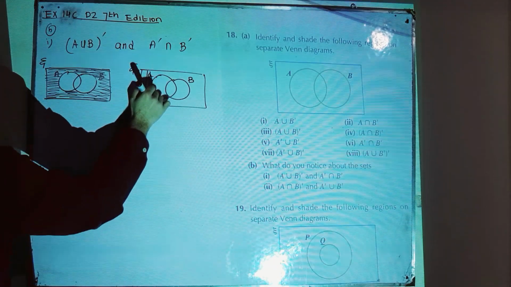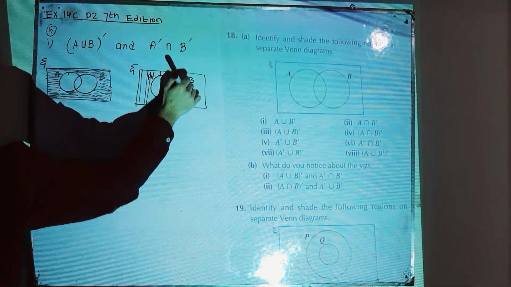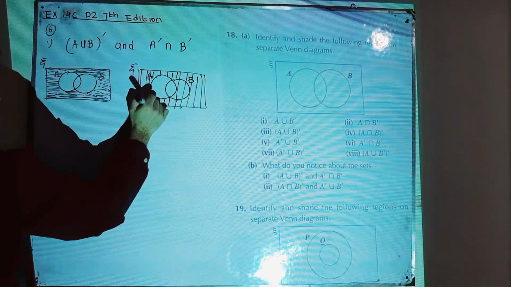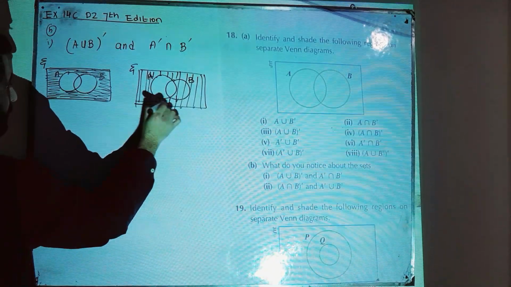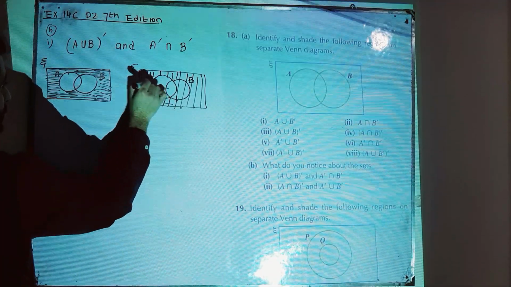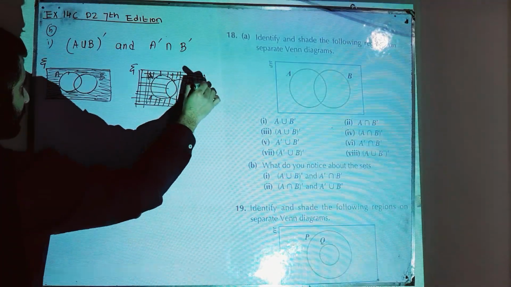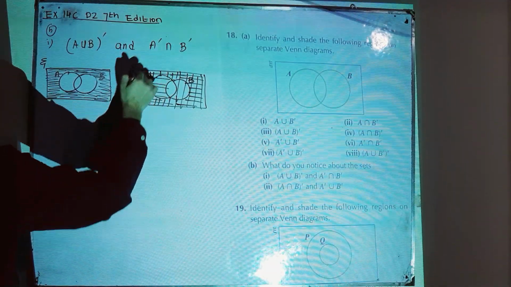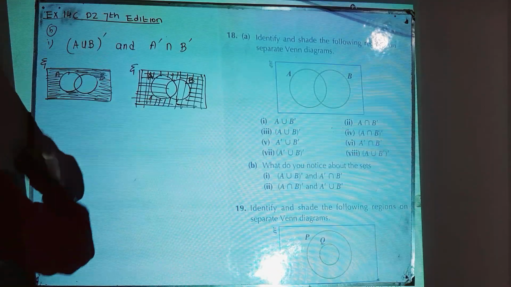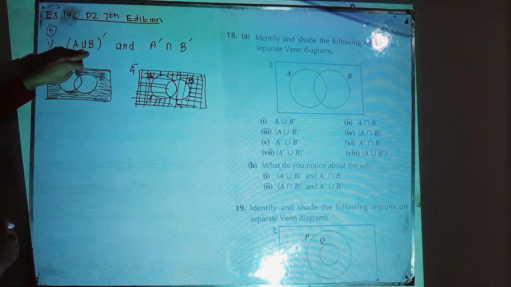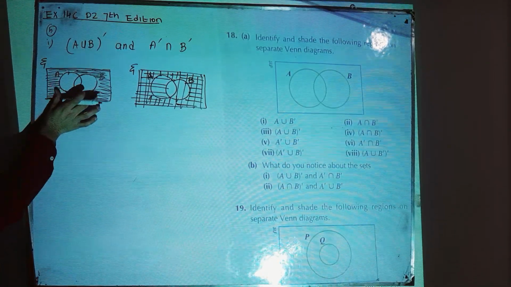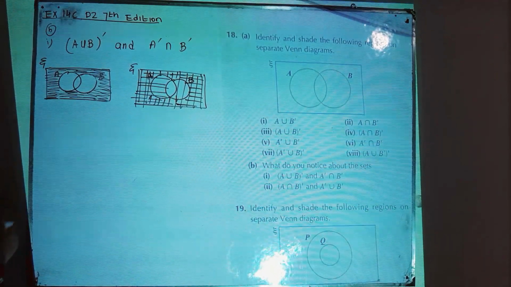A complement was indicated by vertical lines, and B complement by horizontal lines. So the region outside was the answer for this one. As you can see, both are the same. That is, (A union B) complement is the same as A complement intersection B complement. The region is the same, outside the circles.